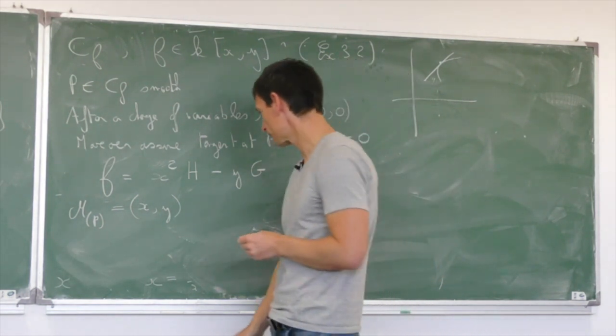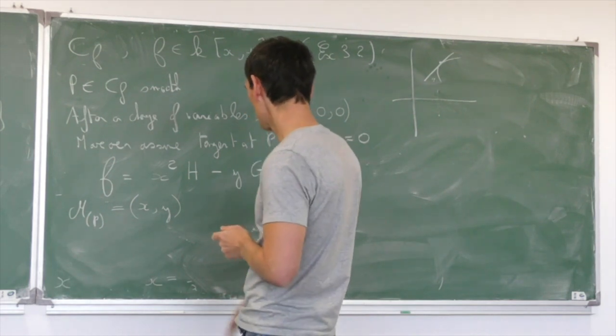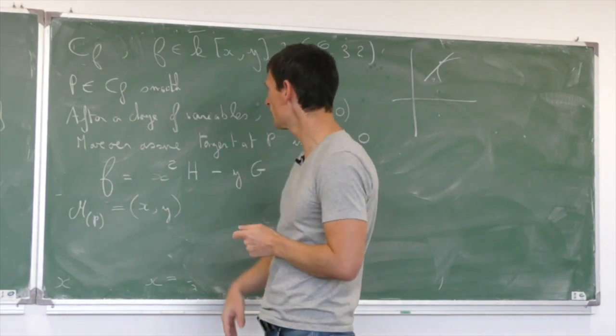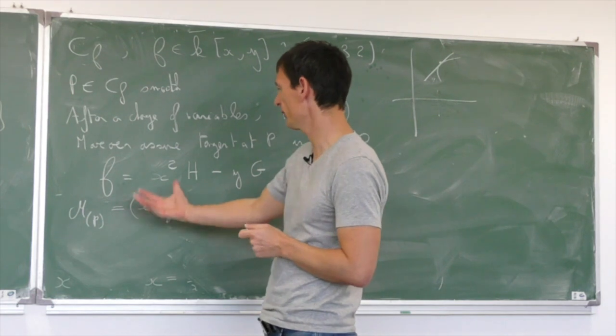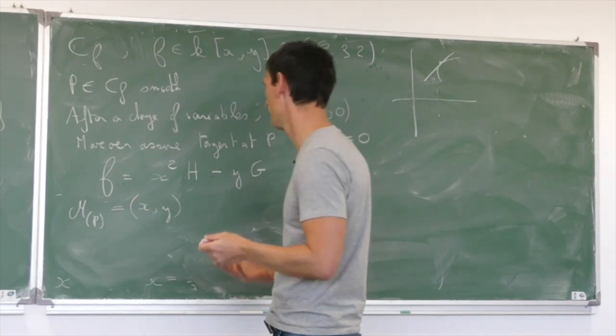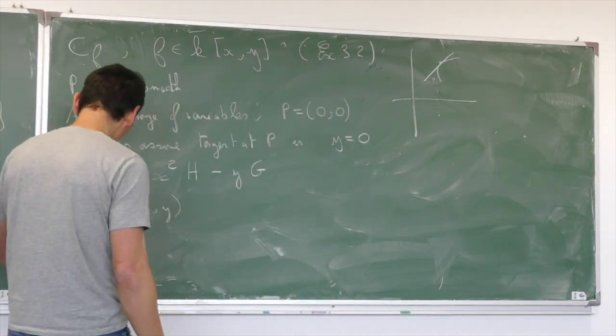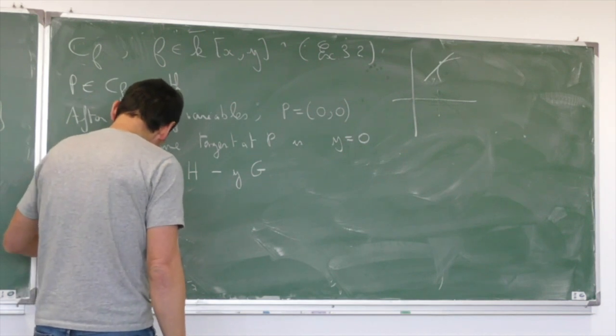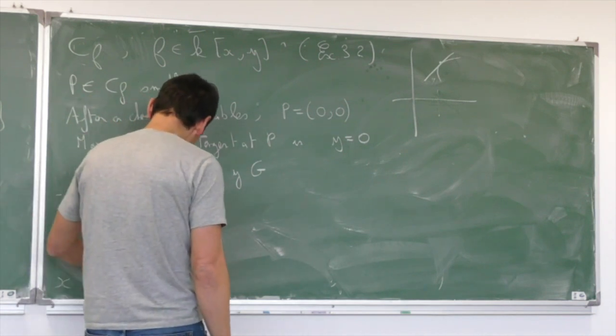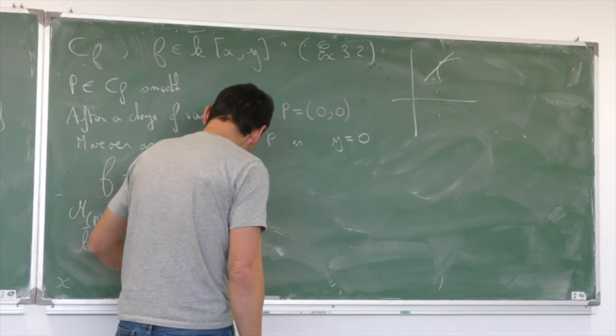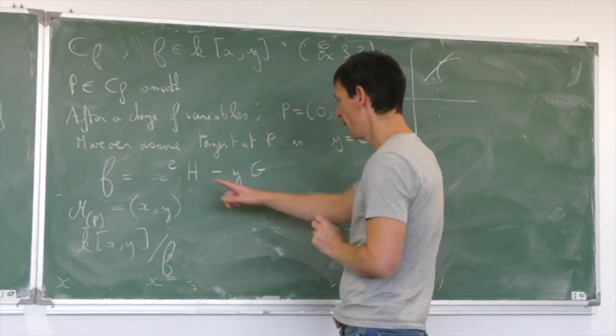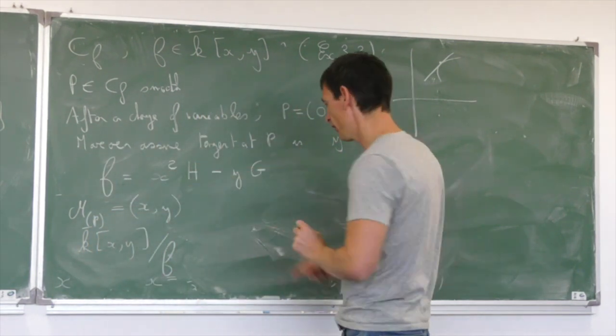So let's look. Locally, I'm working in the ring where I have inverted f, where I take the quotient by f. So if I work in k bar of x and y divided by f, then I can rewrite this expression.